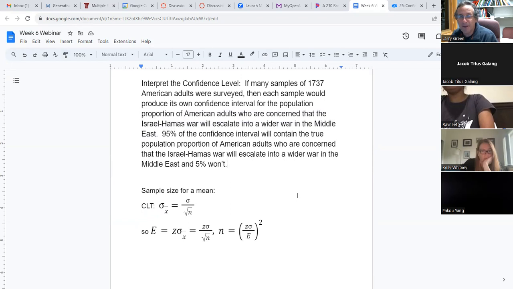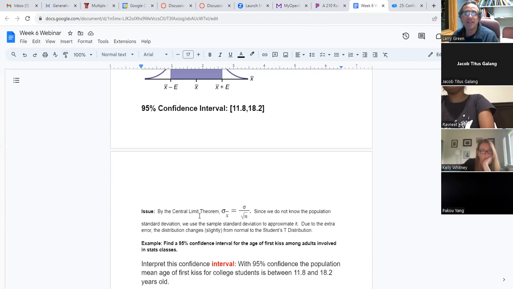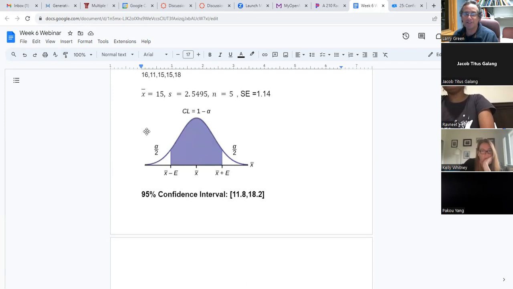Okay, so the next thing on the agenda is sample sizes. And remember the central limit theorem for means, it said that sigma sub x bar is equal to sigma over root n. Do you remember that? That was a very big theorem, very important. All right, if we go to the picture again, this picture is important.